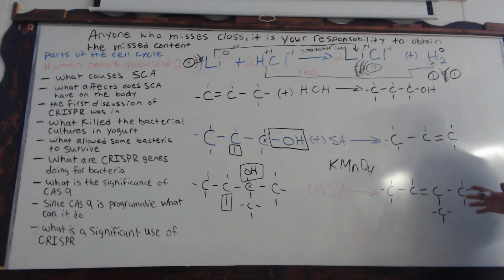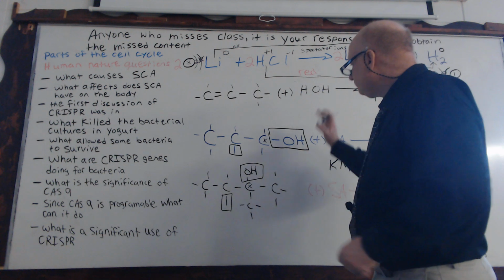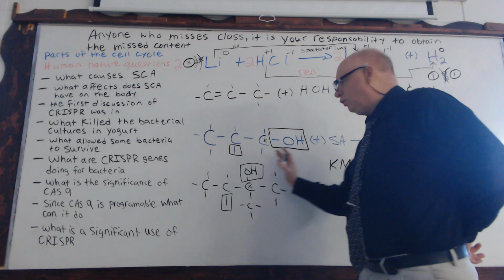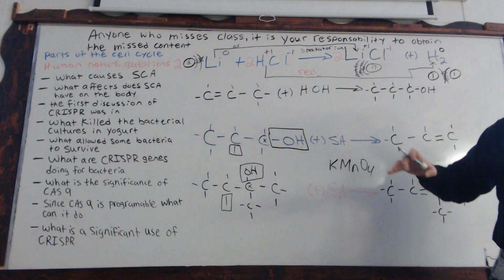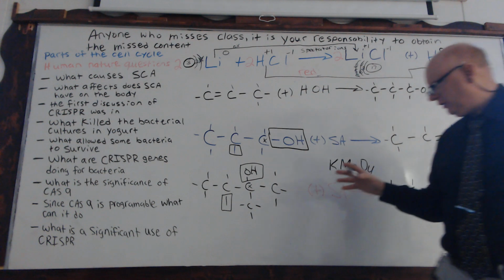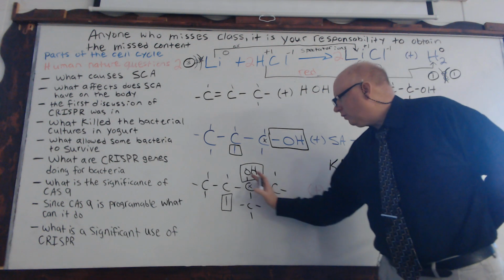I think a practical way of looking at this is when you're removing that OH, you would move closer towards the middle. For our purposes right now, we're not going to go to the outside, we're going to go closer to the middle.